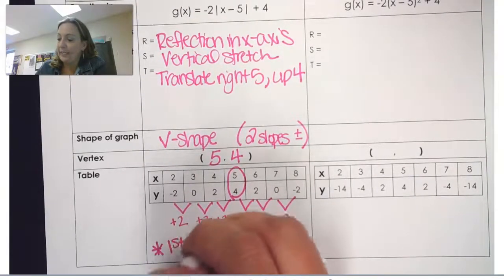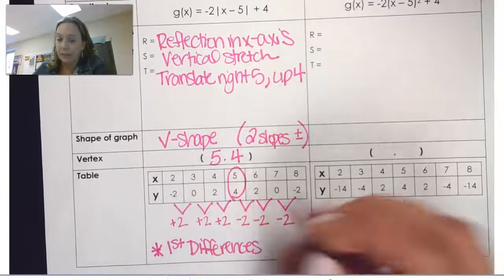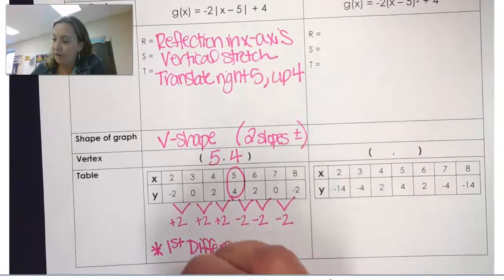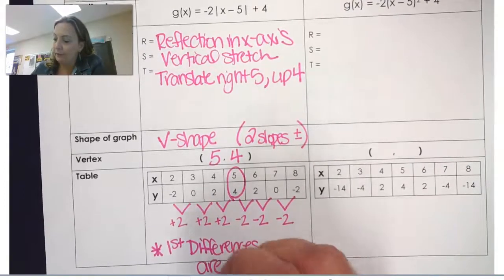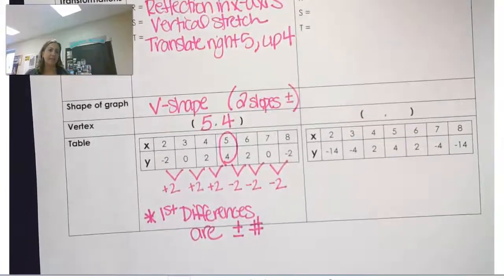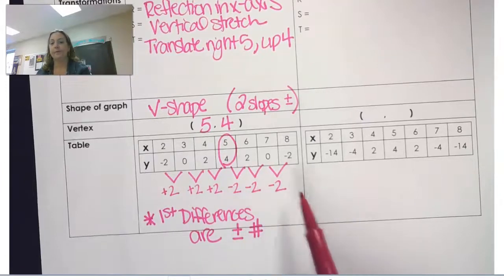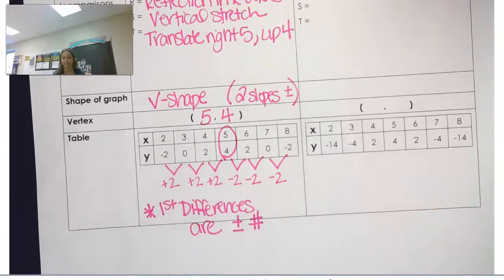And what we see is that in the absolute value table, the first differences are plus or minus a specific number, essentially the A value.